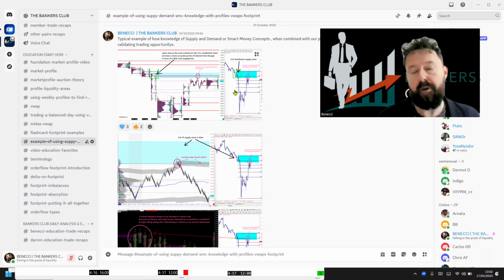And when I say to the pip, I mean to the pip. When we have red folder news, for example, we are very confident price will go up to one of our levels that is printed by the software and reject from that level to the pip. I'm not even joking. It's crazy.